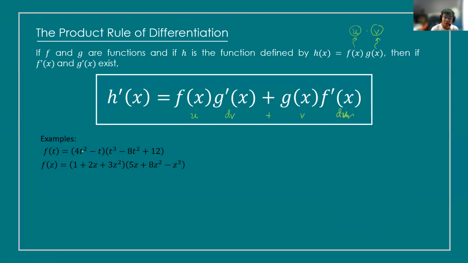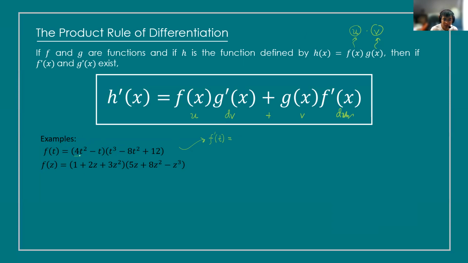Okay, so for you to be able to appreciate the formula, let's go to the first example. So let's say this one is f of t. So again, prime since we are deriving. So this is a difficult problem because it's composed of binomials and trinomials in each of the factors.